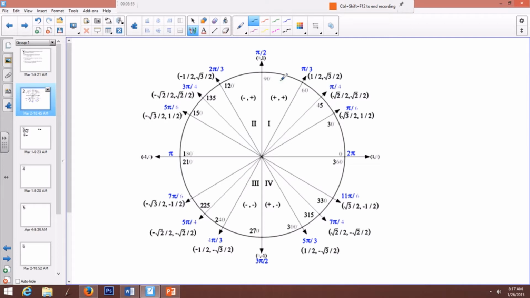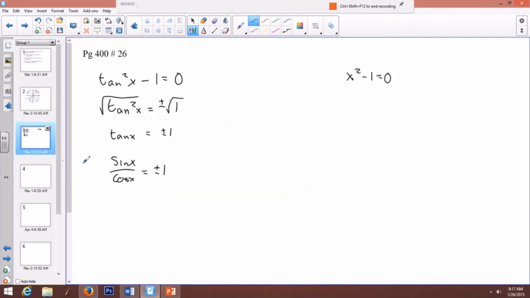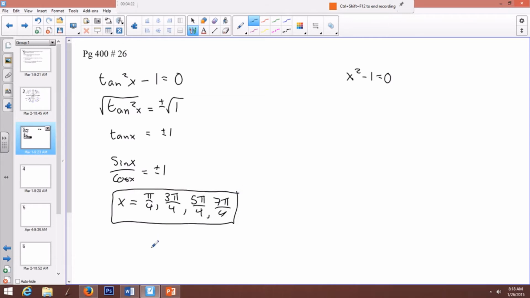So these 4 angle measures are going to produce a ratio of positive 1 or negative 1. So my x values that solve this are going to be pi over 4, 3 pi over 4, excuse me, 5 pi over 4, and 7 pi over 4. And those are the solutions to that particular problem.